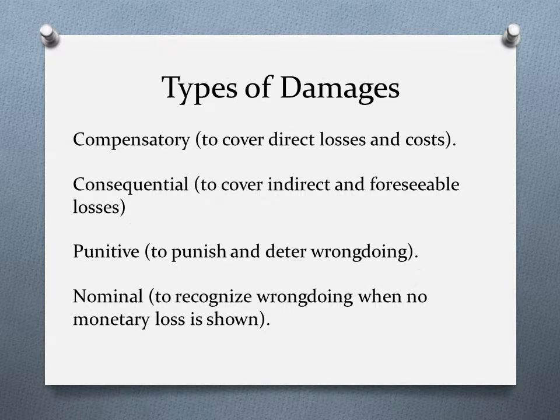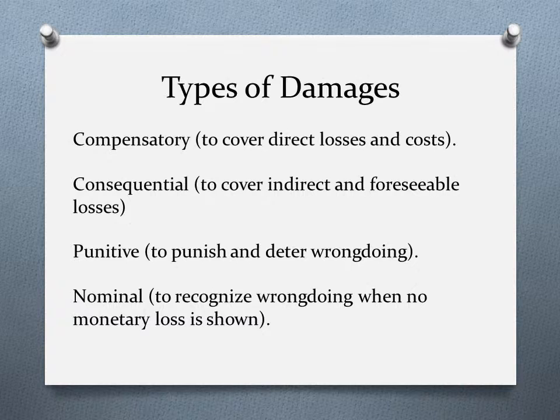Now, compensatory is to cover direct losses and costs. Consequential would only cover indirect and foreseeable losses. It means something that just happens that you never saw coming. Punitive is to punish and deter wrongdoing. That's if you have a contract with someone, they broke the contract, then you have a breach, then you're going to sue.